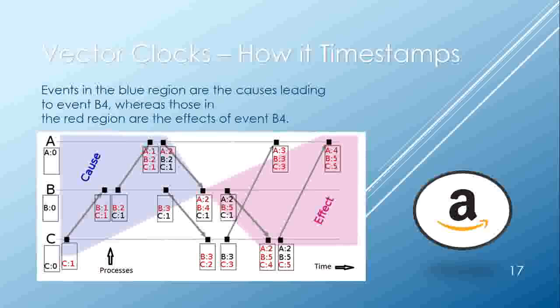There are three processes, with a lot of events in each process. The events in the blue region are the causes leading to the event before. This is the event before, and this area is the effects of the event before.